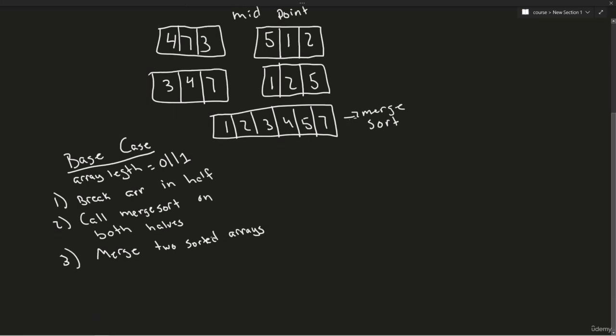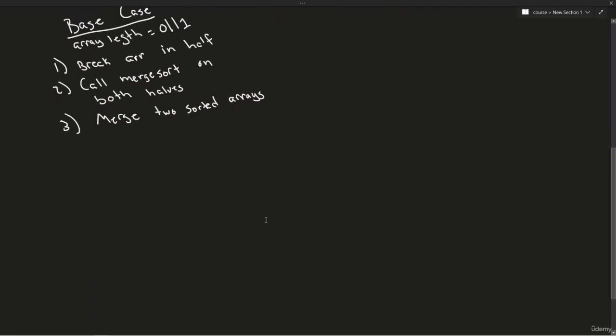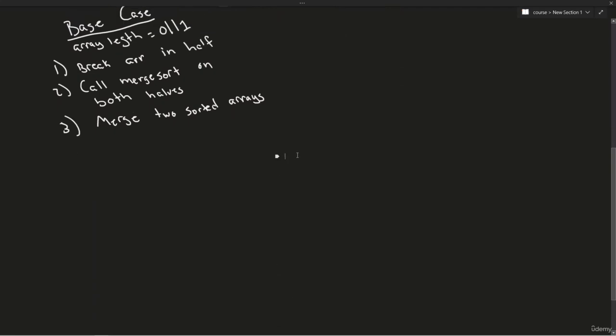Okay, so now let's look back at our initial example, because we want to see how this works throughout the entire process. So let's give ourselves some additional space down here, and let's leave our base case and everything, that way we can see what we're working with.